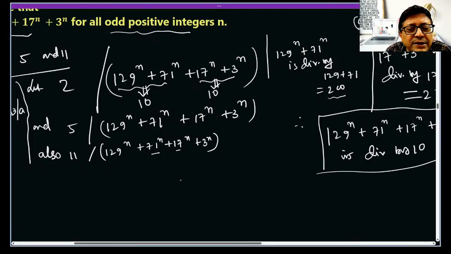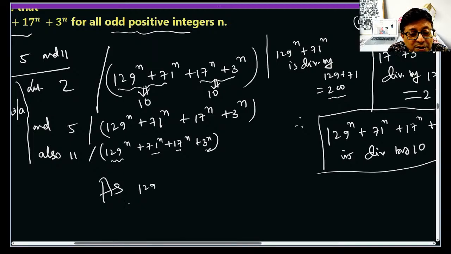71 and 17. How much is this? 88. 129 and 3. How much is this? 132. As 11... Okay, I go step by step. I have to explain step by step.